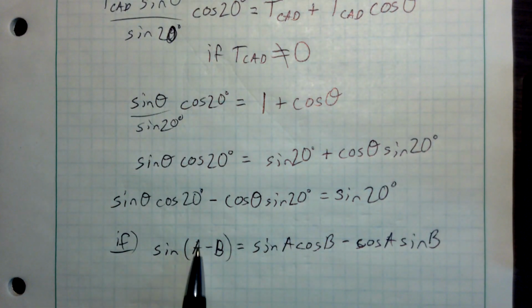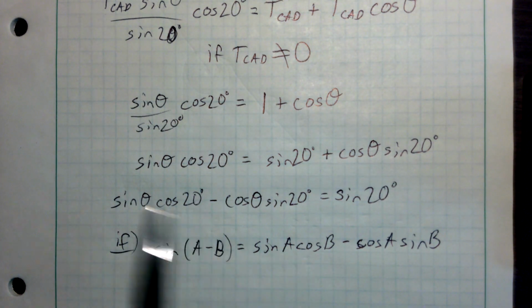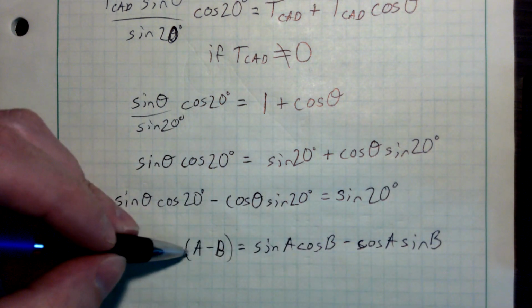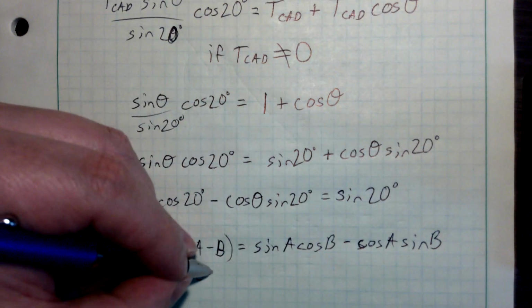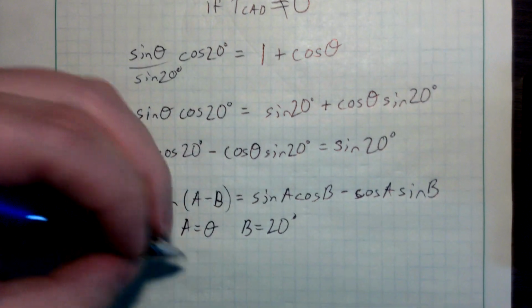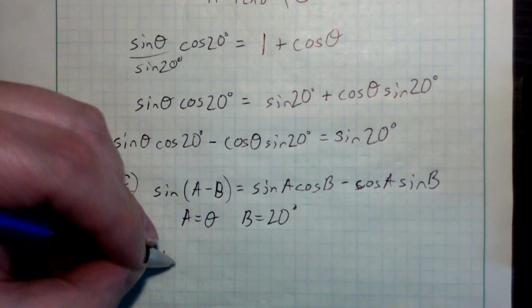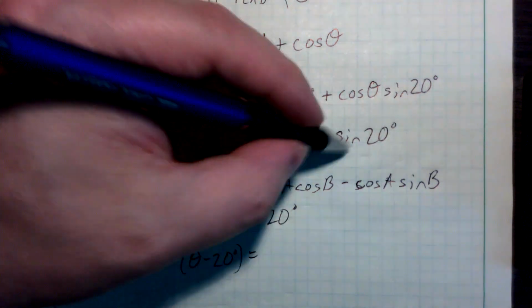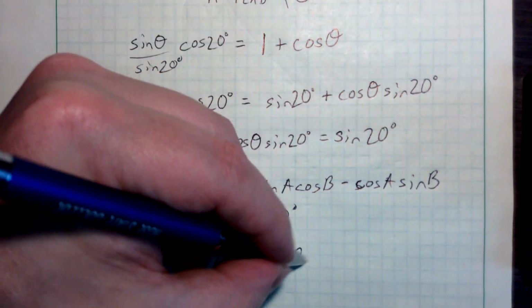Well, notice what I've got here. If I say A is theta and B is 20 degrees, this works. Then the sine of theta minus 20 degrees is equal to the sine of 20 degrees.